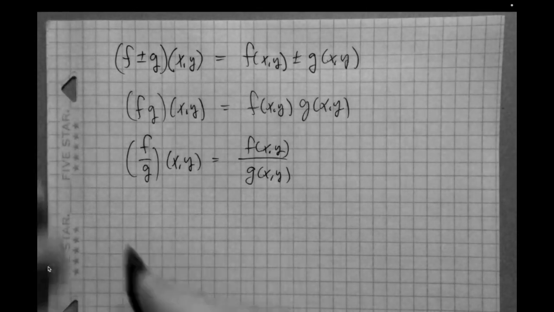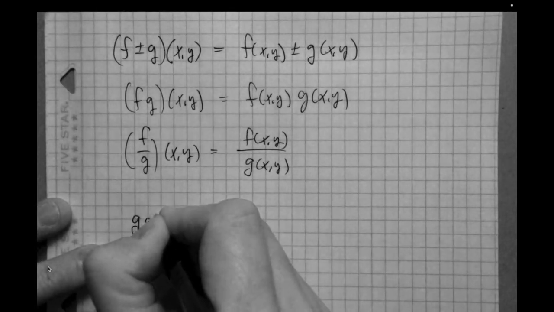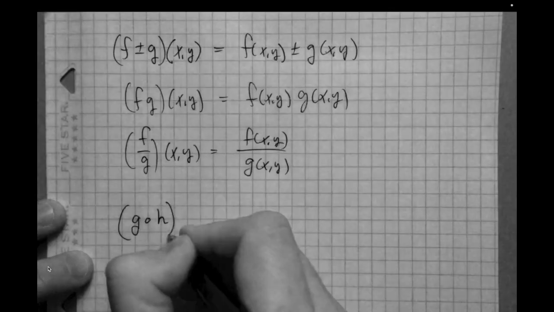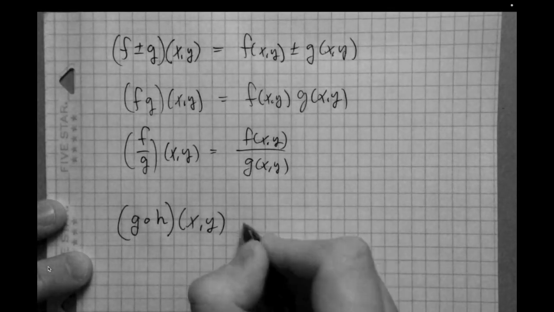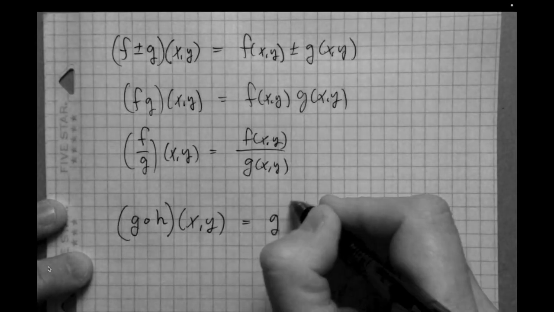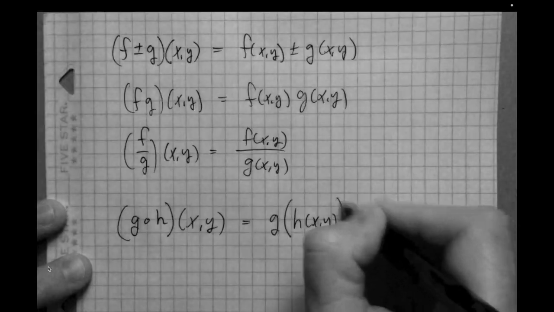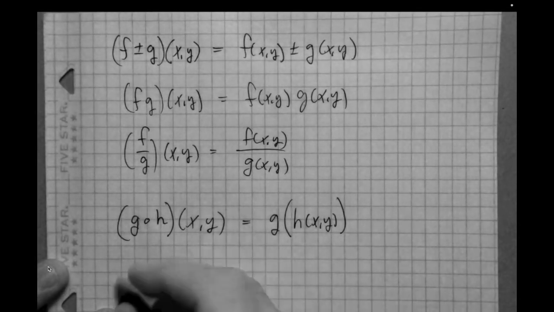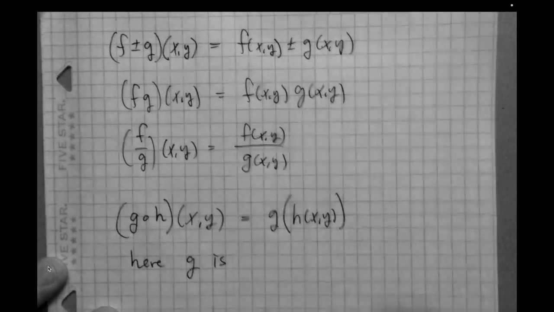Now I think if I write it out, it'll be a little clearer. So g composed with h of x, y, the way you would write this is g of h of x, y. Now here, g is a function of a single variable.